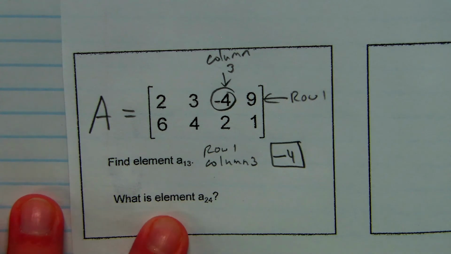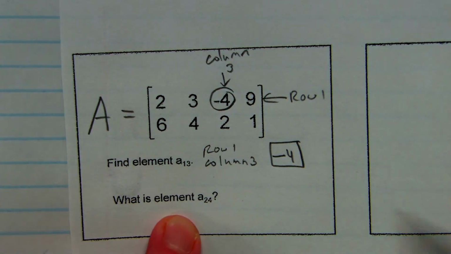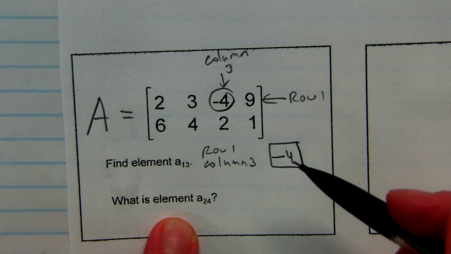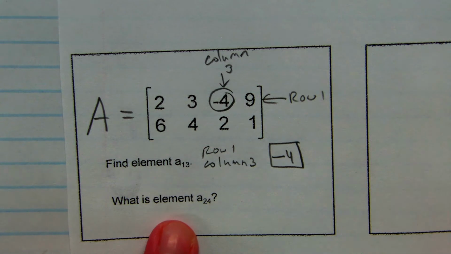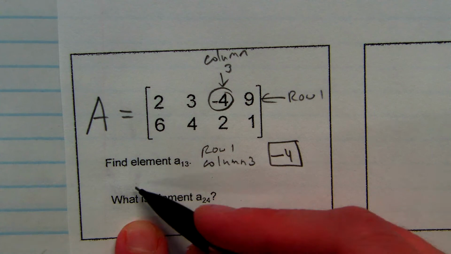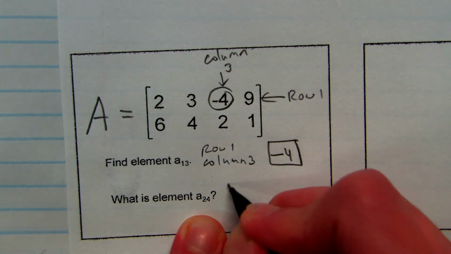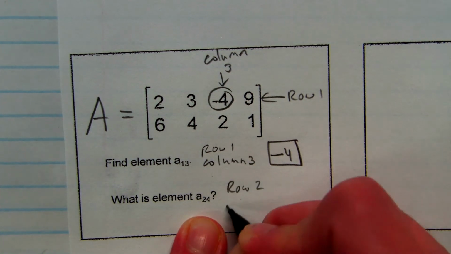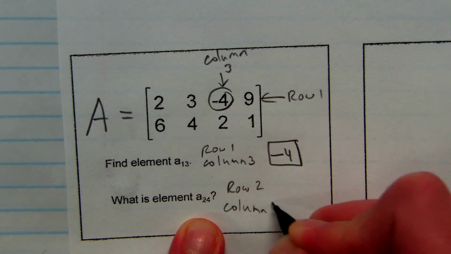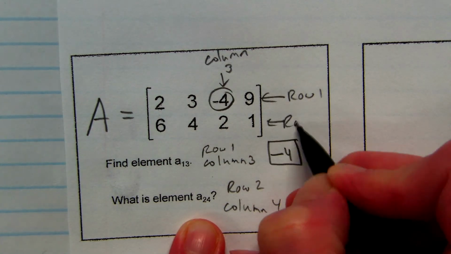Okay? So what if you have like a bunch of numbers? If there's a bunch of numbers, then there's a bunch of counting. But most of what we're going to work with is not terribly big, because we're just trying to get the main ideas. All right, so it says, what is the element A24? This is telling you to look in row 2, column 4. So here is row 2.